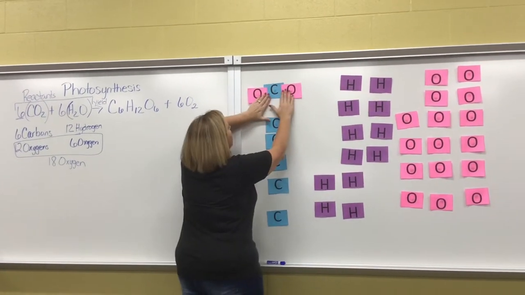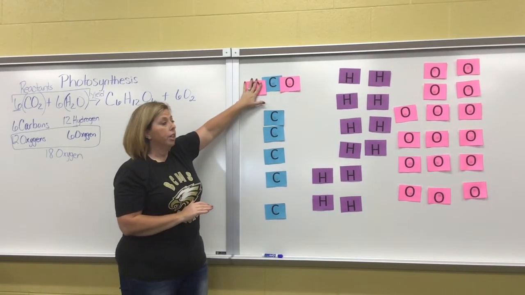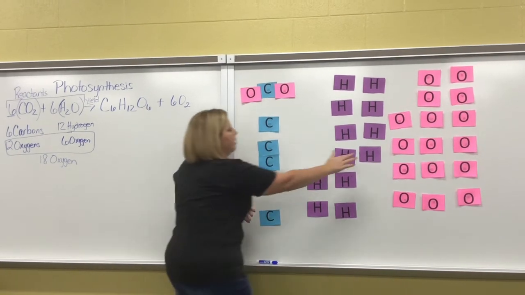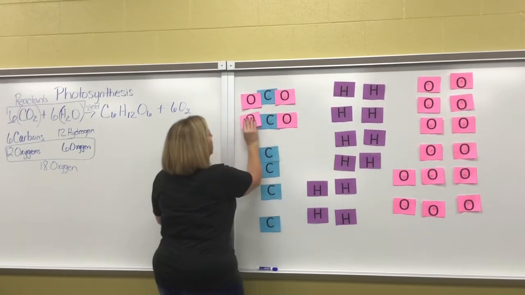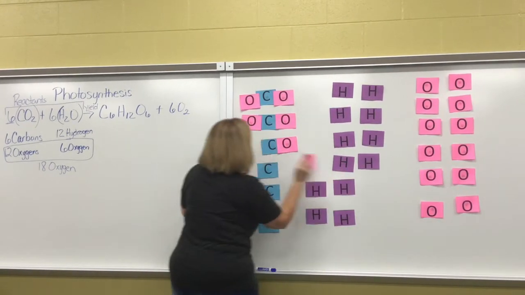Notice that I am connecting them. This shows that this is bonded together. Okay, so there's one carbon dioxide molecule. Now I'm going to build another one, and keep going until I get 6 of these.